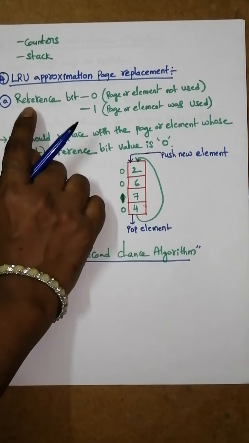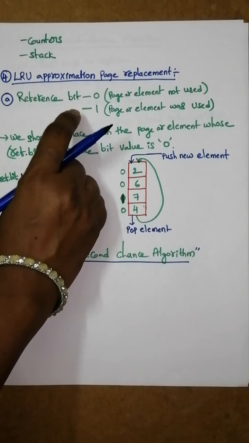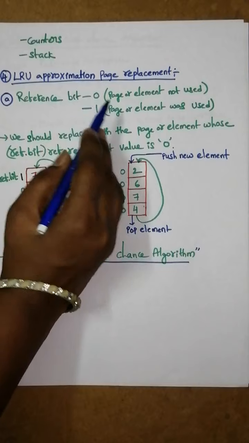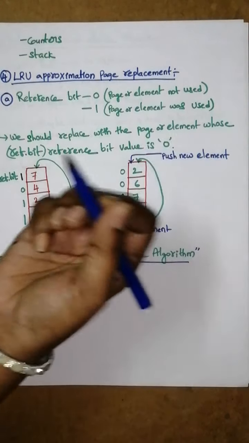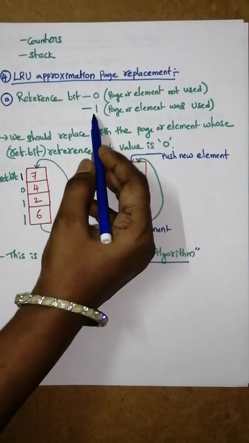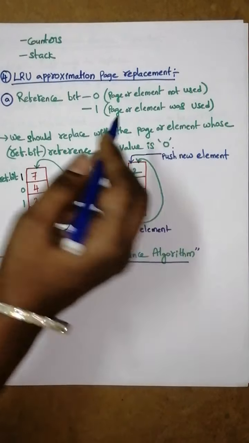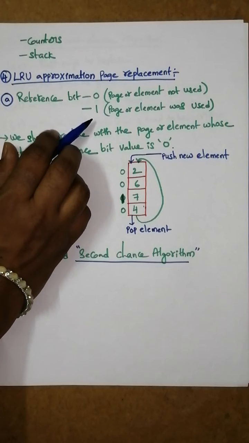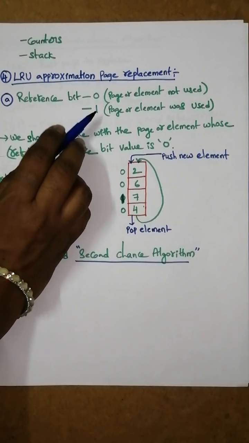Now here for every page we'll use a reference bit. The reference bit will have two values, either 0 or 1. So 0 indicates that the page is never used, or never been accessed, whereas 1 indicates that the page was used before. So every page will have a reference bit value, either 0 or 1. 0 means it is not used, 1 means it is used.